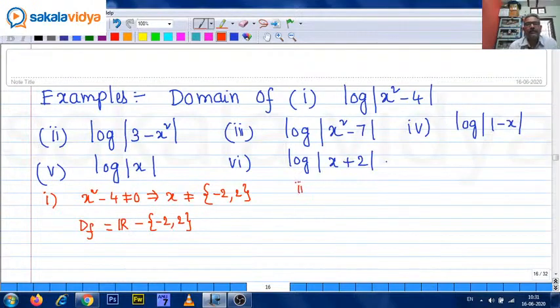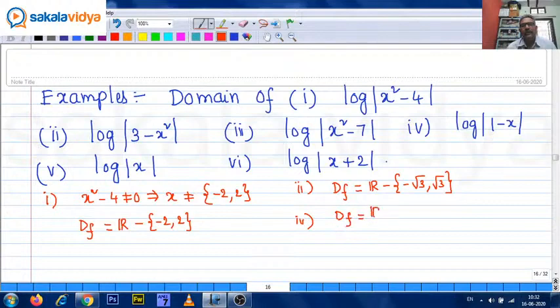So I explained one method. Second, I will write directly: R minus {minus root 3, root 3}. Third one, domain of f is equal to R minus {minus root 7, root 7}.